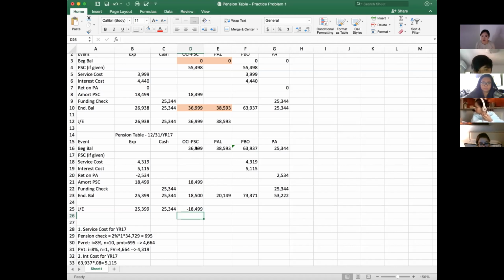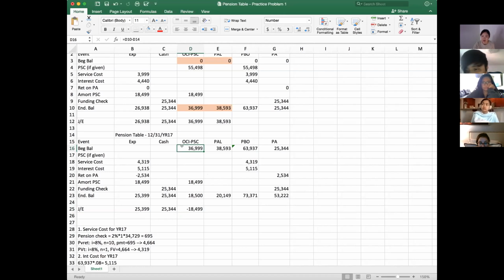First of all, the 36,999, the beginning OCI balance, did it have a debit balance? Was it a debit balance or a credit balance? That was a debit balance, 36,999. This was a debit balance, right?